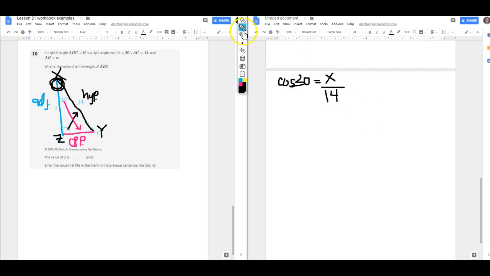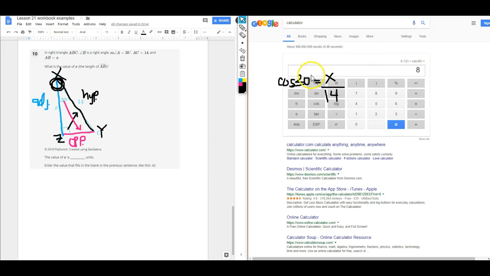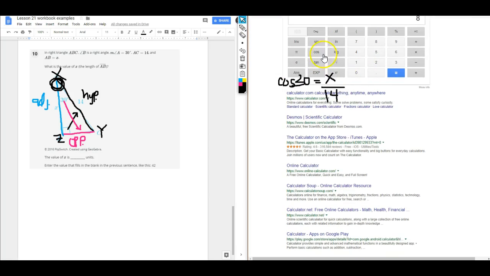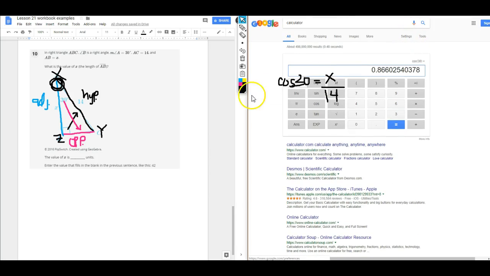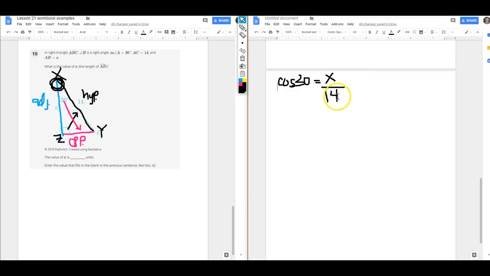Even though cosine of 30 looks weird, the reason why they leave it as cosine of 30 is if you type in cosine of 30, it gives you a lot of numbers to write down. I would much rather write cosine of 30 down than to have to write all of these numbers. And this number keeps going on after this 8. This is just how many numbers our calculator can hold. So I'm going to take a deep breath and just remember that cosine of 30 represents a really long decimal, and I want to just keep it as concise and simple as possible. So I'm going to keep it as cosine of 30.